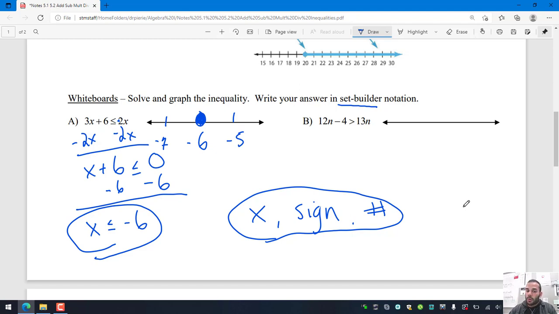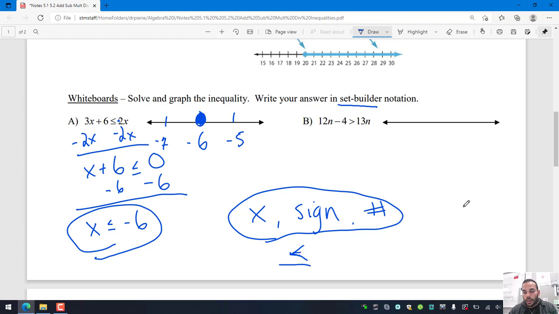Why is this so important? When you have it in this order like I do here, variable, sign, number, I'm able to use this trick. So here we see that the symbol is less than or equal to. And I got to determine, am I going to shade to the left or to the right? If you're in this order of variable, sign, number, all you got to do is ask yourself, what direction is my arrow pointing?